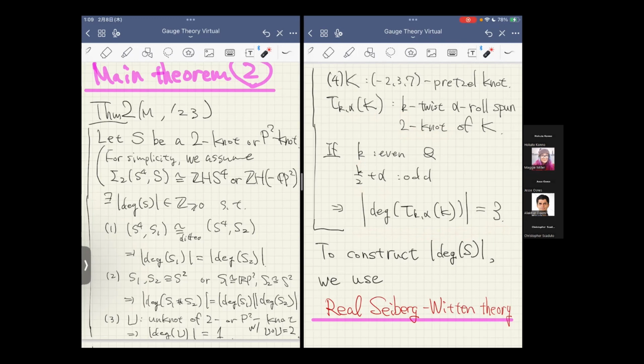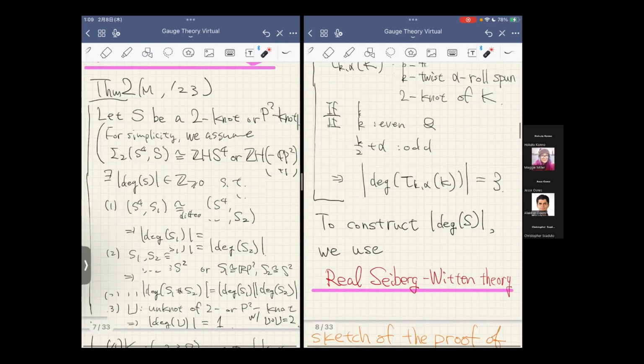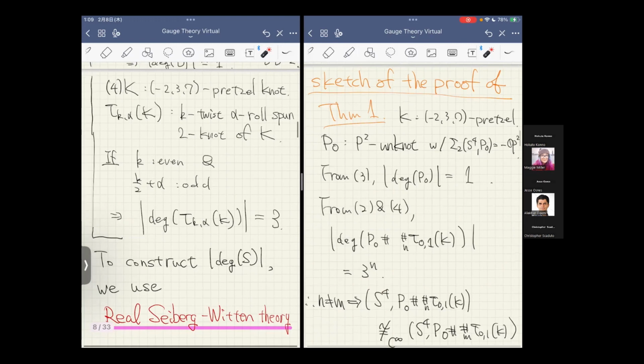So this is the second theorem. To construct this invariant, we use real Seiberg-Witten theory. This is a variant of Seiberg-Witten theory. Before we explain what is real Seiberg-Witten theory, let me explain a sketch of the proof of the first main theorem. Let K be the -2,3,7 pretzel knot, and P0 is the RP2 unknot.